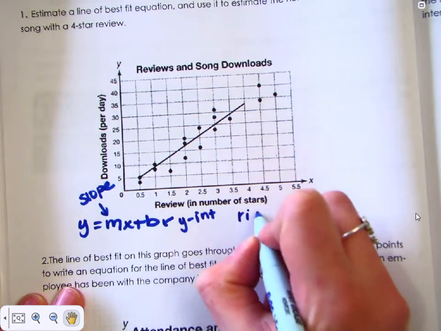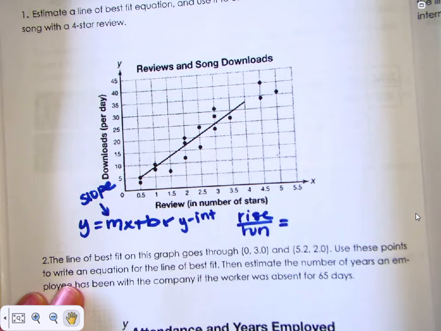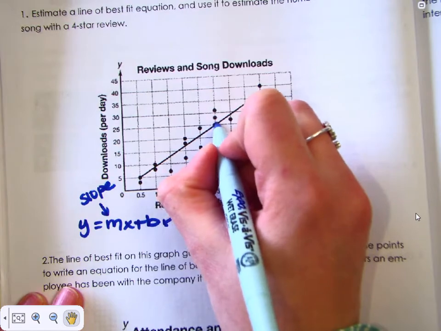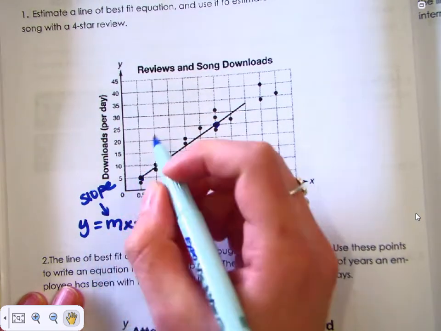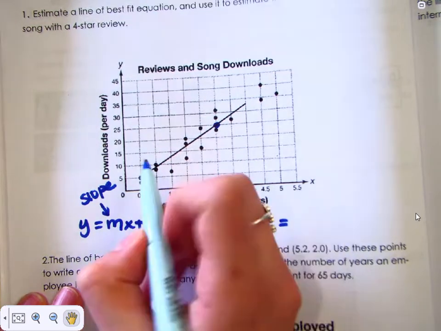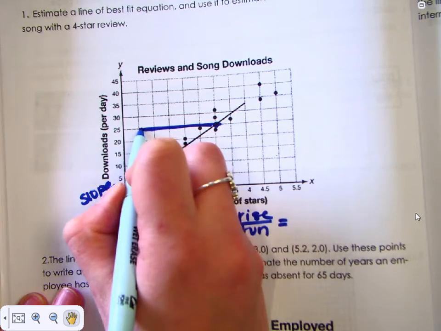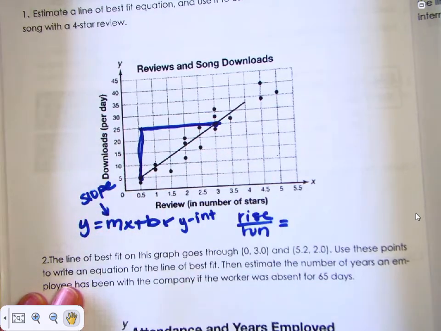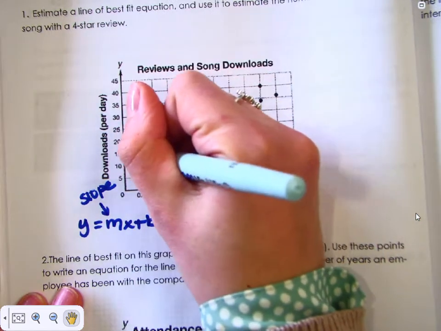For my rise over my run, I'm going to pick 2 points on my line of best fit. It has to be on the line of best fit. So this point is super nice right there on the line, and this point is right on the line. So those are 2 really safe points that I can use. If I connect them, I can make my little triangle here, and I have to figure out how much I'm rising and how much I'm running. So if you notice, this is going up by 5s, so I'm rising 5, 10, 15, 20.